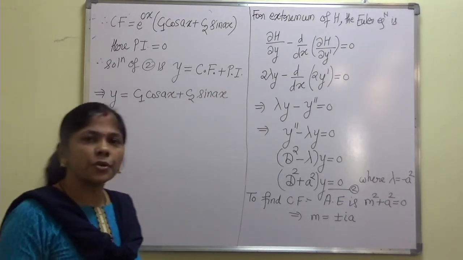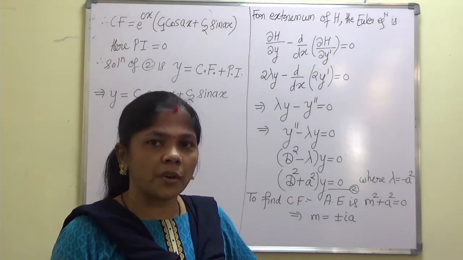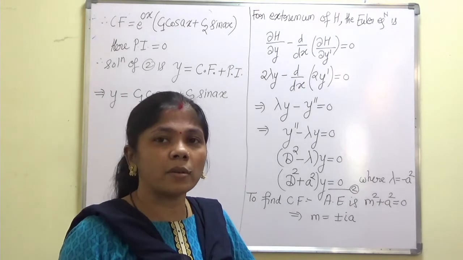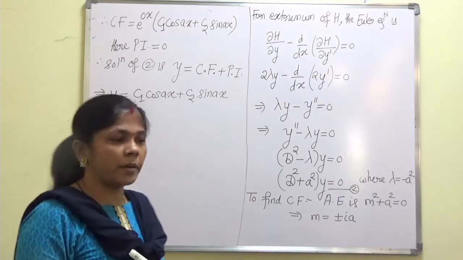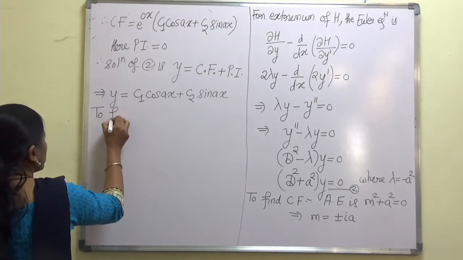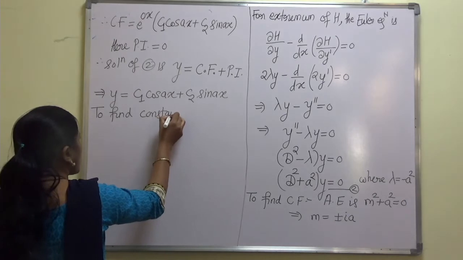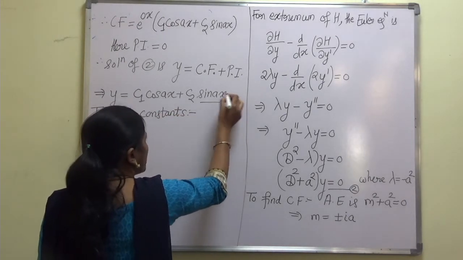So this is the solution, provided it satisfies the given conditions. We will make use of the given conditions in order to get the values of the arbitrary constants c1 and c2 involved here. Let us call this equation number 3.